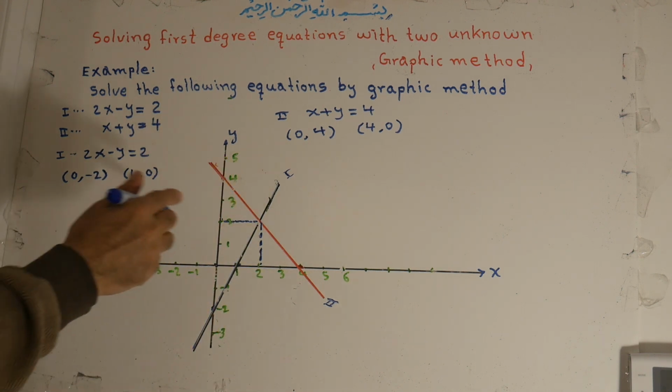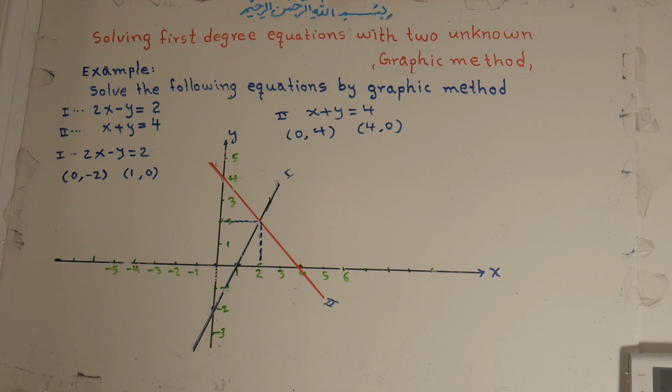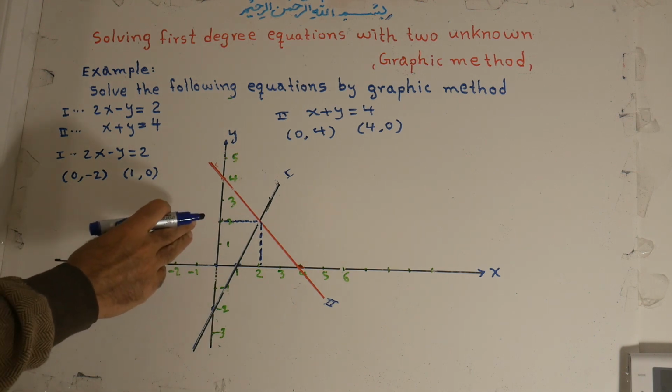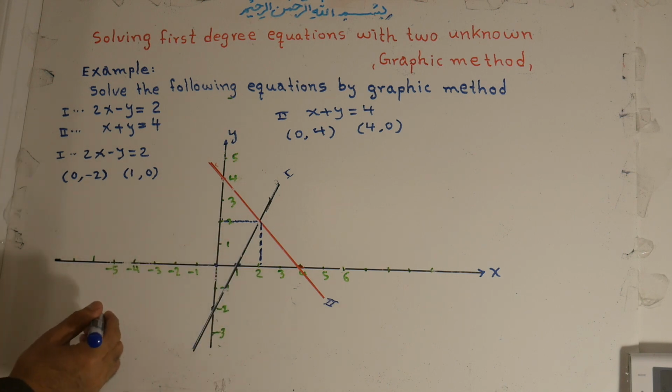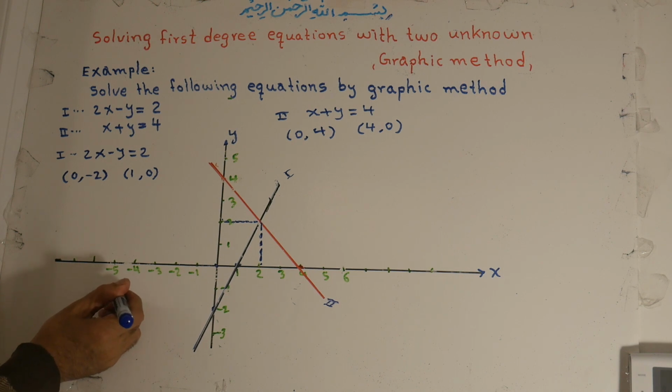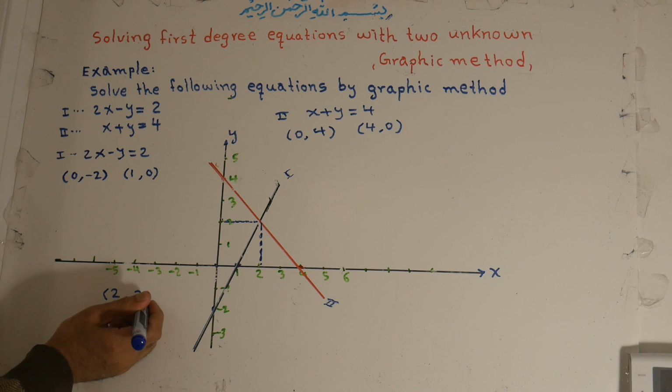Now x is positive, y is positive: x positive 2, and also y positive 2. It means that at the point x positive 2 and y positive 2, they cut each other.